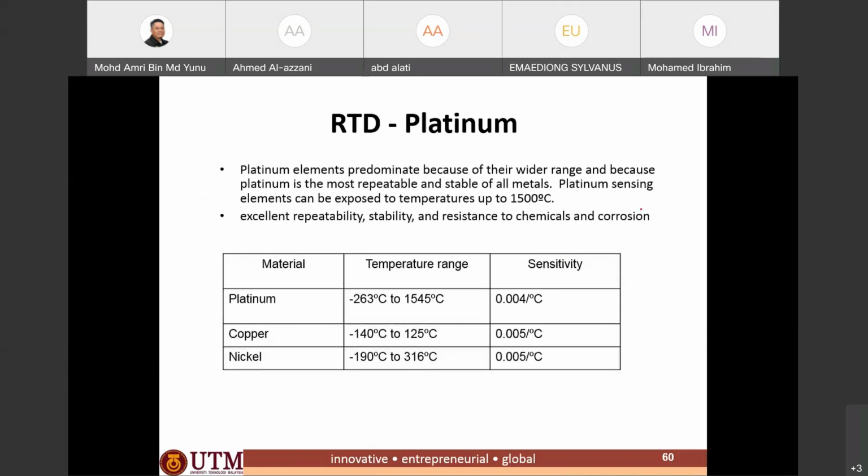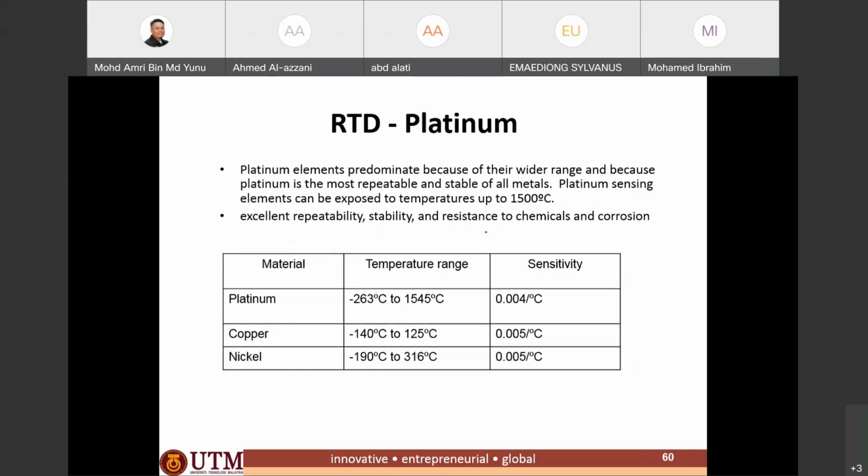So platinum elements are predominantly used because of their wider range. If you consider platinum, it is the most repeatable and stable of all metals, which means that it can retain the output for a given input if you apply the input many times. Also, platinum can be exposed to temperatures up to 1500 degrees Celsius.